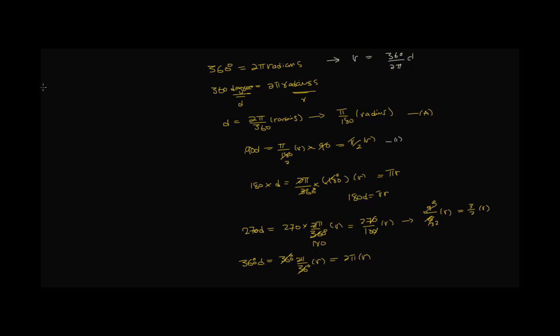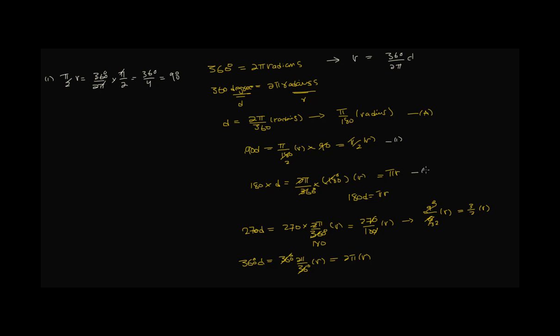Let's multiply both sides by pi over 2. It's going to be 360 over 2 pi multiplied by pi over 2. So this is 360 divided by 4, which is of course 90 degrees.